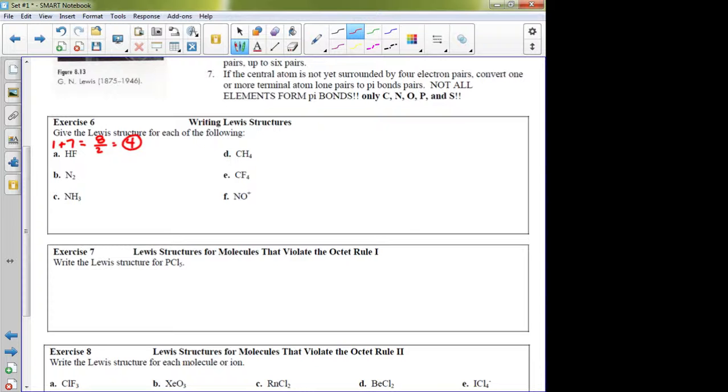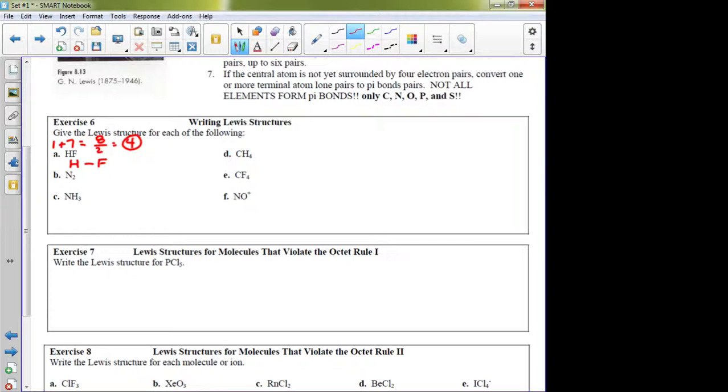Okay. So since there's only 2 atoms, am I concerned about who goes in the middle? No. Okay, you just have to draw them. So I draw a single bond first. Okay. Now, does hydrogen need any more electrons? No, it only wants how many? 2. Does it have those 2?